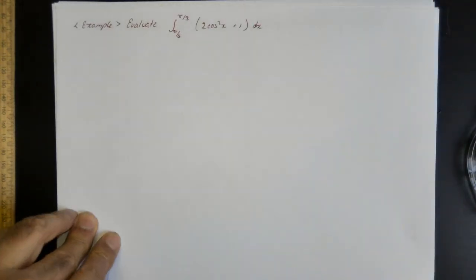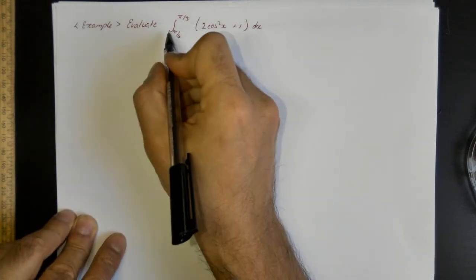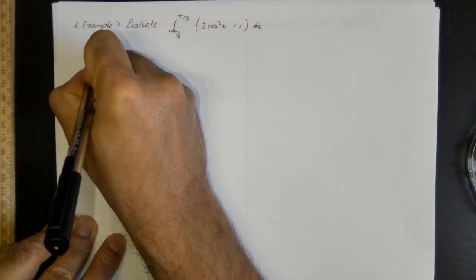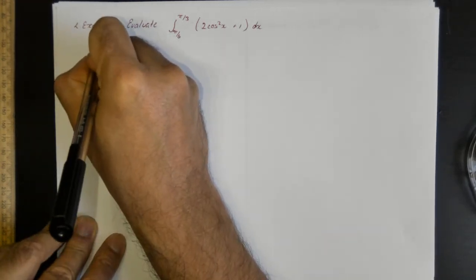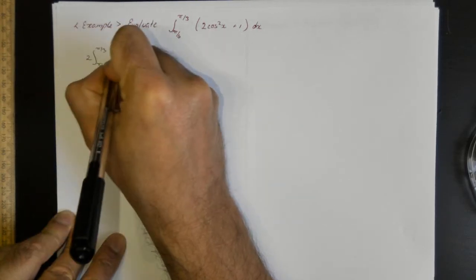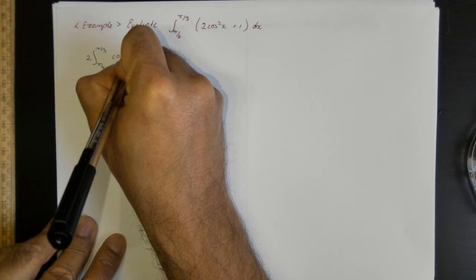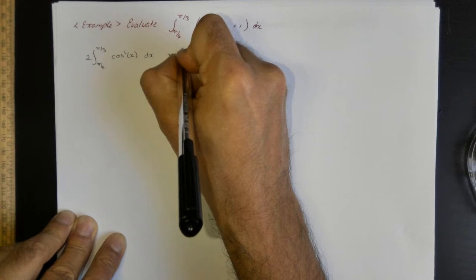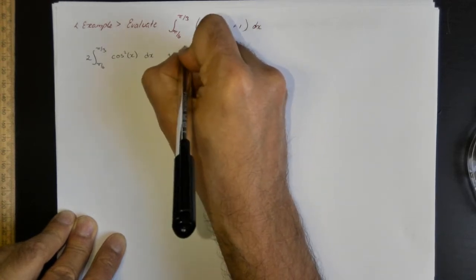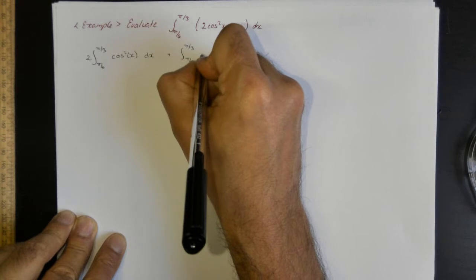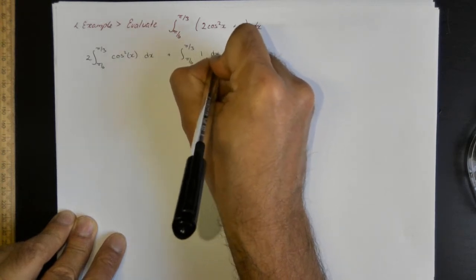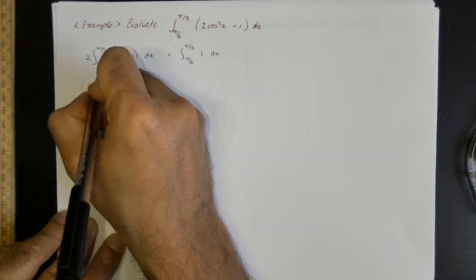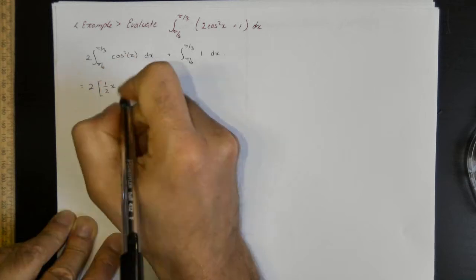Another example. Here we've got a definite integral from pi on 6 to pi on 3. I'm going to split it up. So cos squared x is a half x.